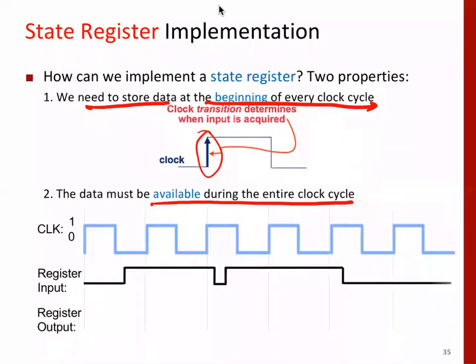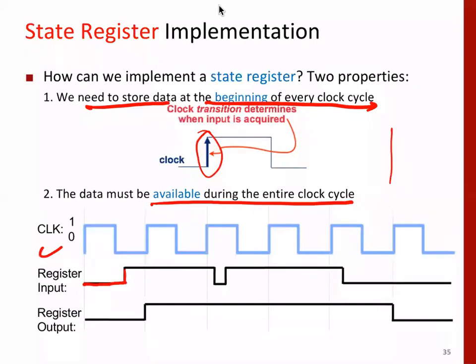All right. So if this is the clock, and this is the register input, the input is changing to 1, and in between there is a glitch, it becomes 0 and then remains here. Now what is going to be the output here?